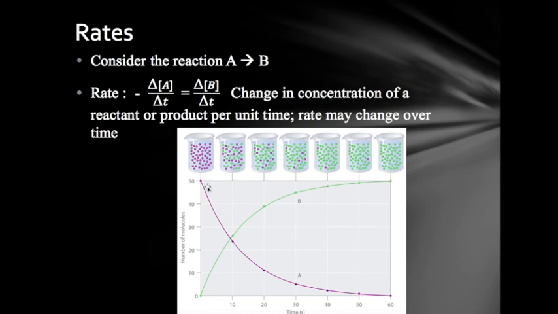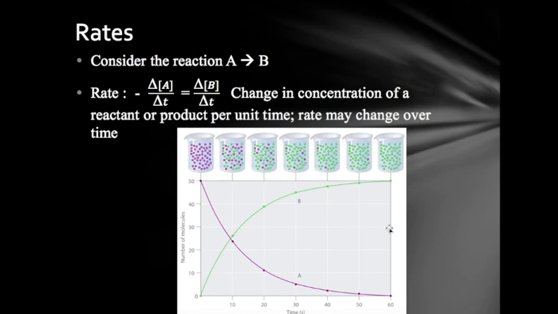So here you can see in purple, this would be the number of molecules or the concentration of substance A as time goes on. Obviously, it's going to be decreasing because substance A is getting consumed. Substance B is getting produced, so its number of molecules will be increasing as time goes on. And here you can see, according to this graph, 60 seconds later, all of substance A has been chemically converted to substance B in this chemical reaction.